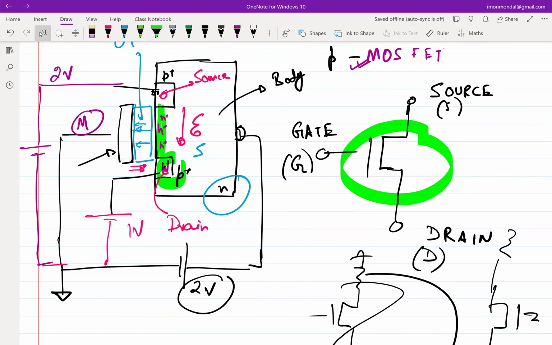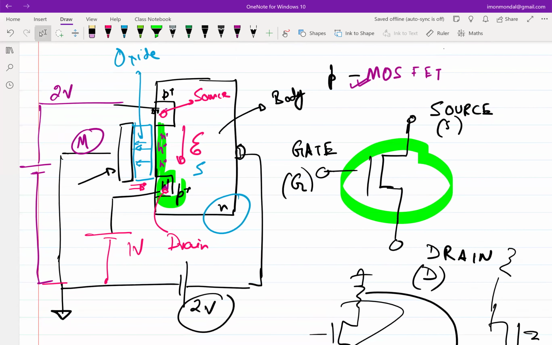So the answer is you don't have sufficient information unless you know which of these two terminals is at higher voltage. Why do you need to know that? Because unless you know that, you don't know where the holes will come from, right?